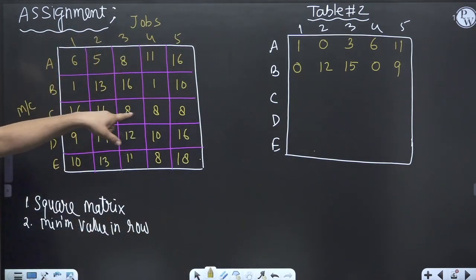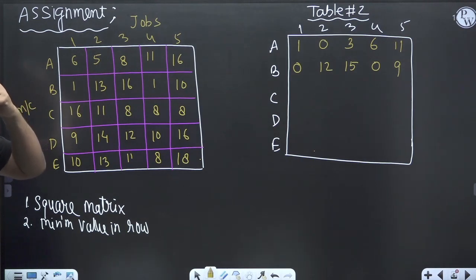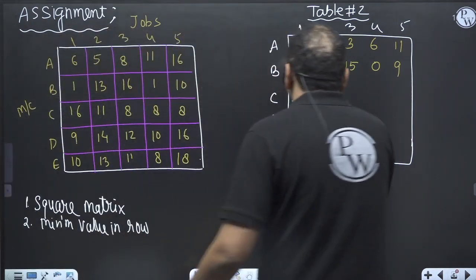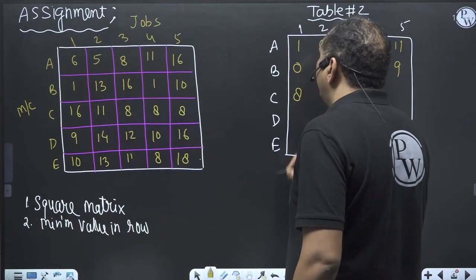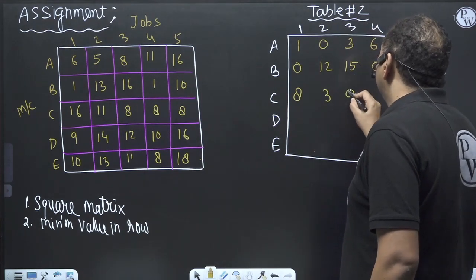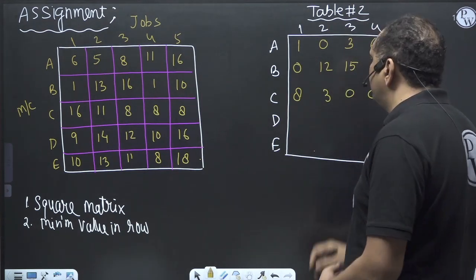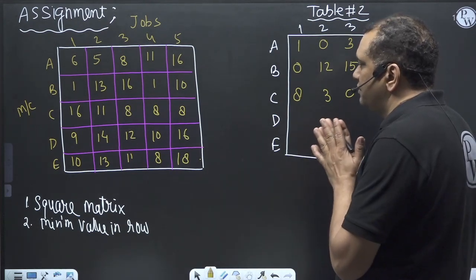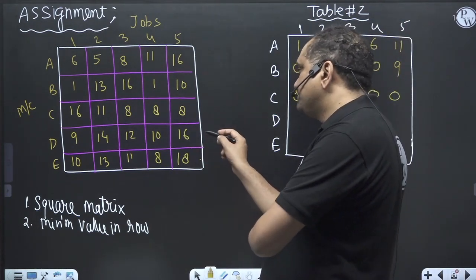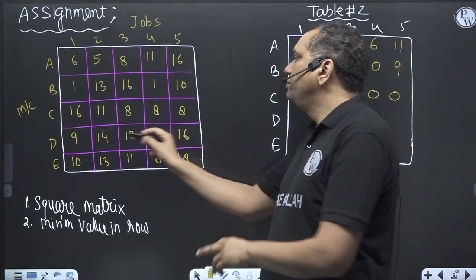Third row, minimum value is 8. Subtract 8 from each and every element. 8, 3, 0, 0, 0. From the fourth row, minimum value is 9.